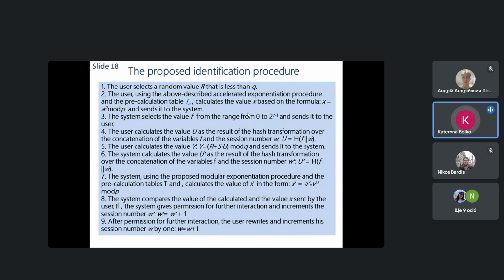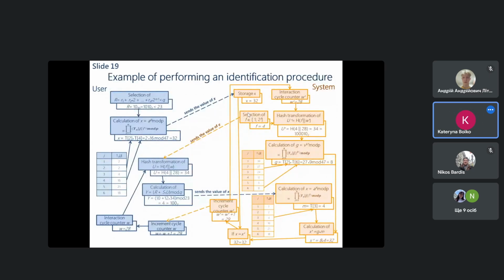Slide 19 presents the formalized description of the proposed procedure for user identification by the system. A more detailed example of the identification procedure can be found on the diagram illustrating how it is executed.